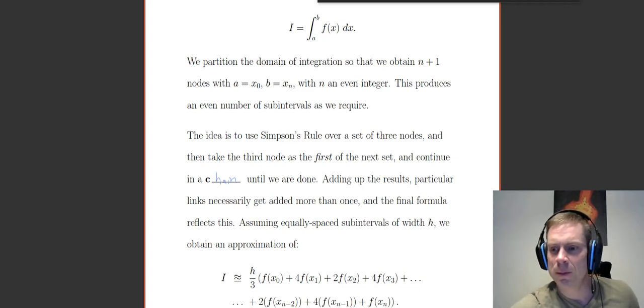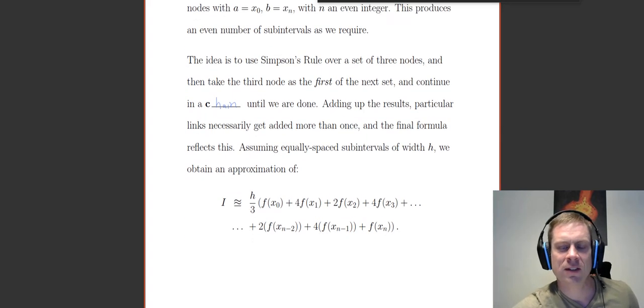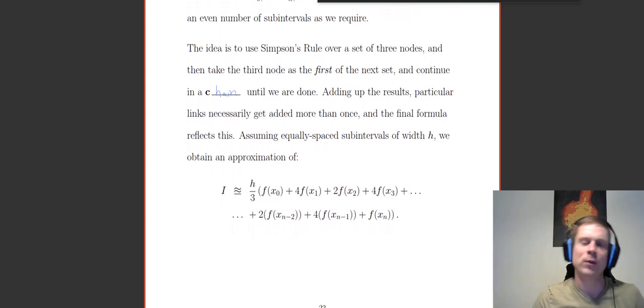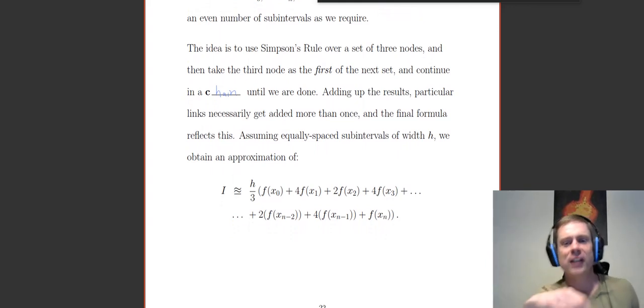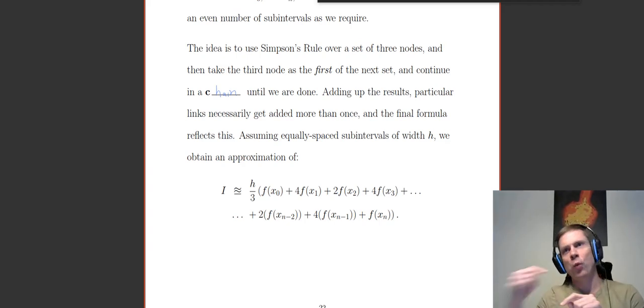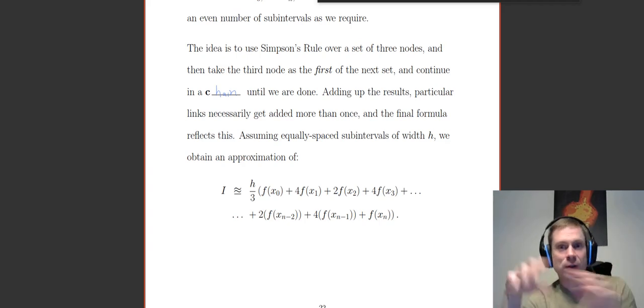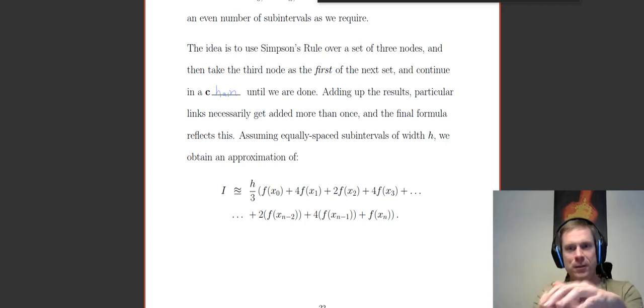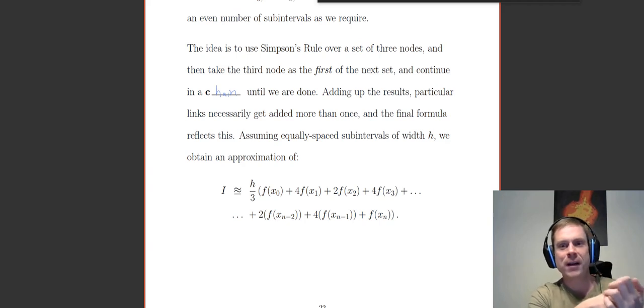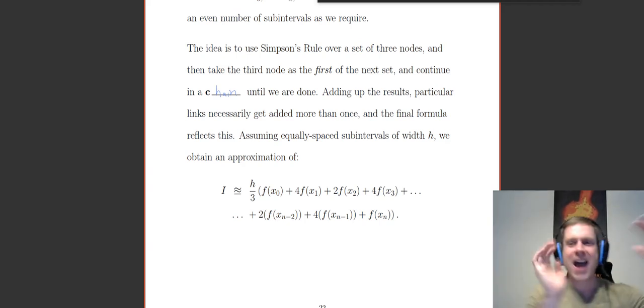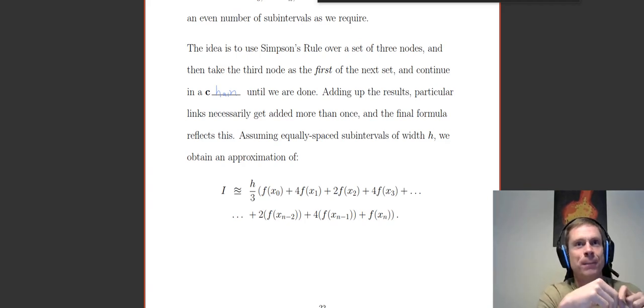Ready? And you almost have to sing it. I'm not going to sing it. The integral has an h over 3, which seems familiar from before. And our formula from before went 1, 4, 1. So f of x0 plus 4 of the middle one plus 1 of the third one. But if I'm going to take that and add it to the next 3, then that f of x2 is going to appear again.